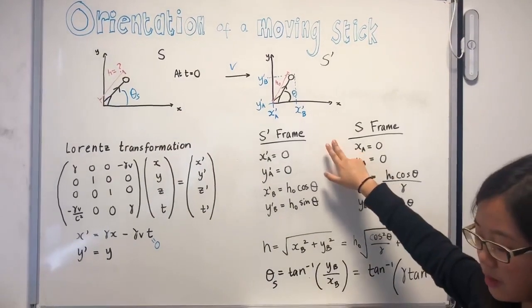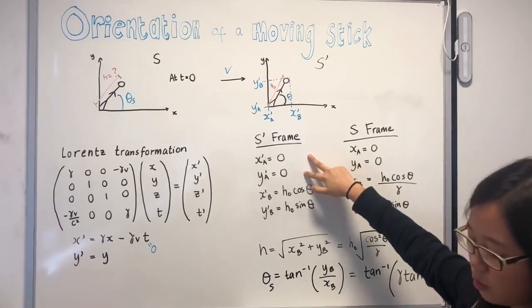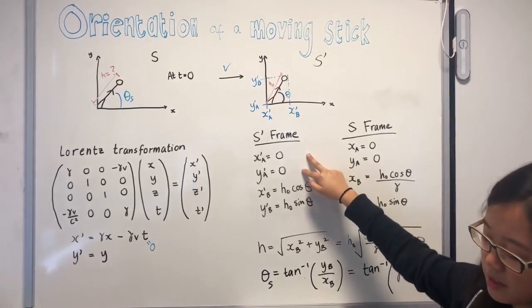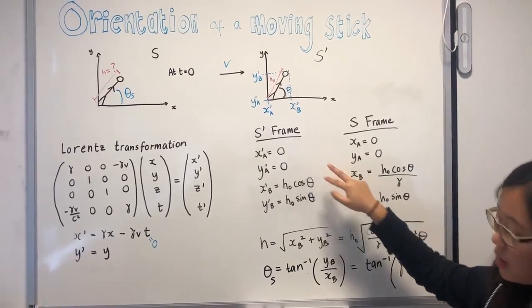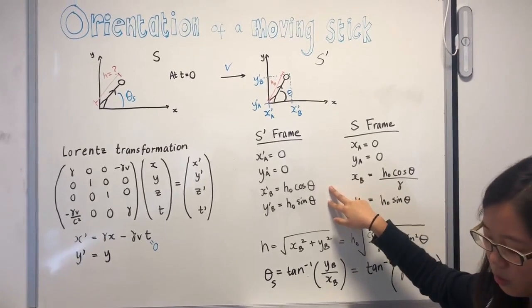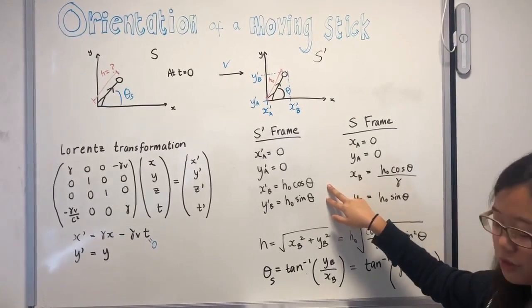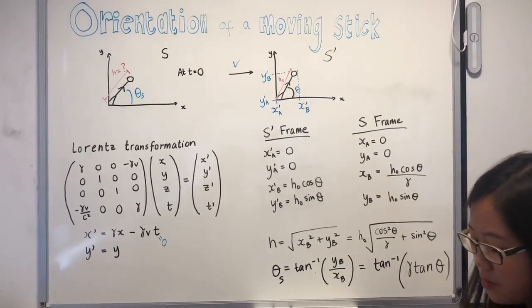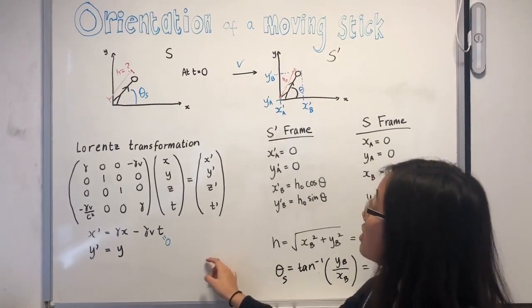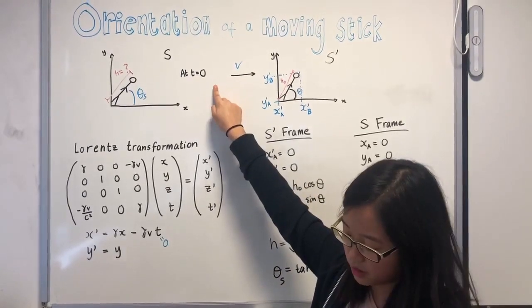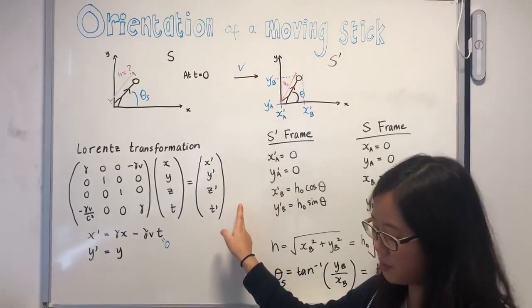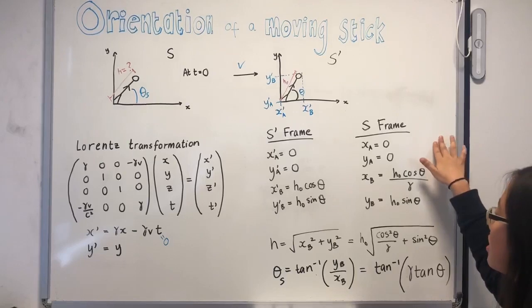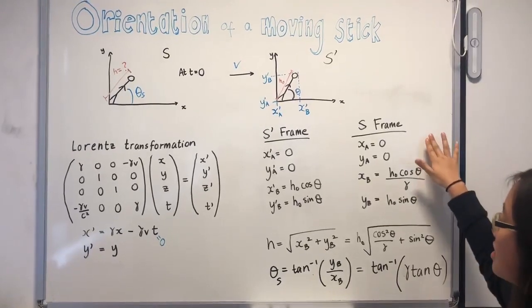In the S prime frame, x'a and y'a are both 0 since they are both at the origin, and x'b and y'b are the horizontal and vertical components of the person's height. If we measure both ends of the person simultaneously at time equals 0, and use the Lorentz transformation, we can get the points of the person's position in the S frame.